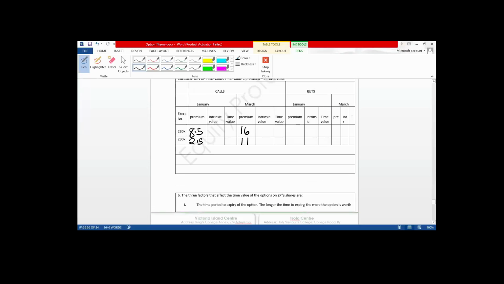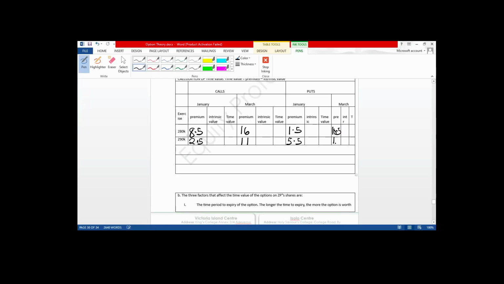Premium for put, January 1.5, March 10.5, 16.